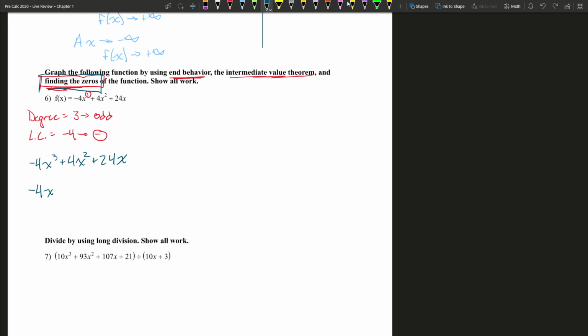And when we do that, we're left with x squared minus x minus 6. So either -4x is going to equal 0, or this thing is going to equal 0. Both of which we should know how to do, right?